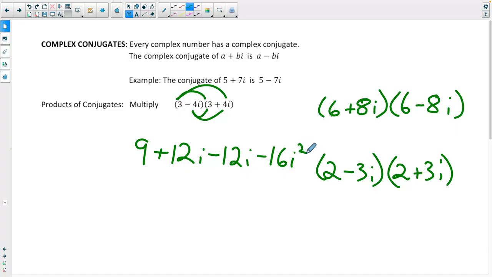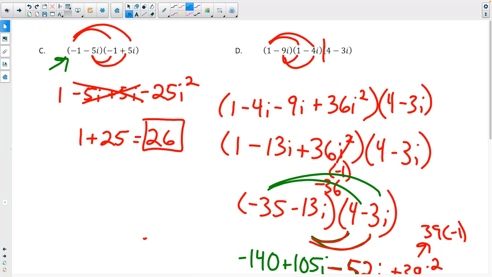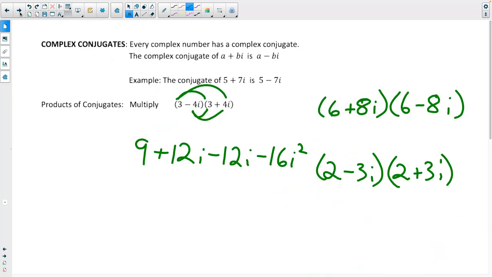Let's take a look at C. You have it on your paper. The first line for letter C multiplied to something very similar to this. It had 2 numbers. It had i squared at the back. What happened to the 2 middle numbers? We canceled them out. What happens here? We cancel them out. So I cancel here.